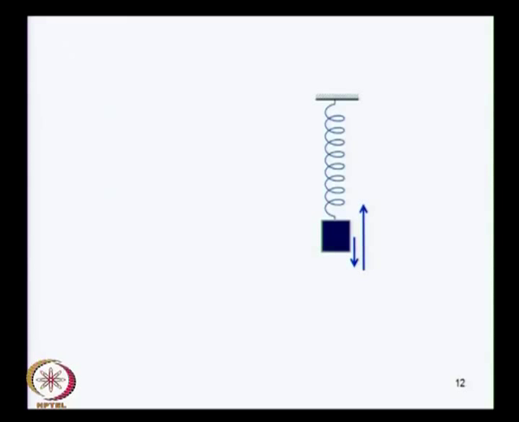So it will come back and then overshoot the position of equilibrium, and because it would have acquired a little bit of kinetic energy, there will be these continuous transformations between kinetic energy and potential energy, and the mass will be set into oscillations. So this will be a periodic kind of behavior, and this will constitute an oscillator.